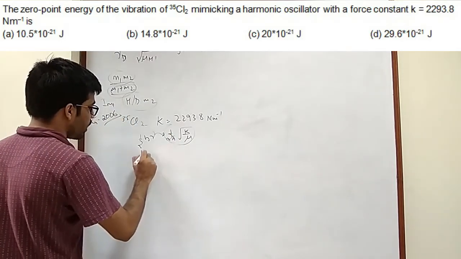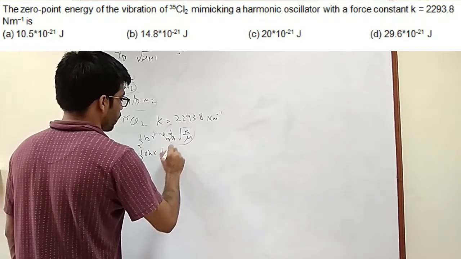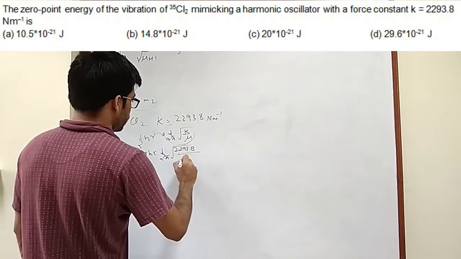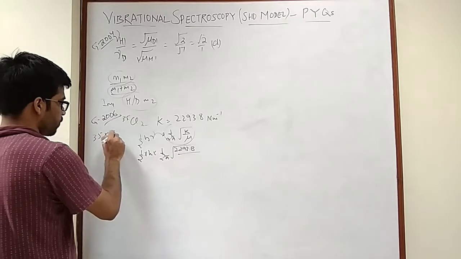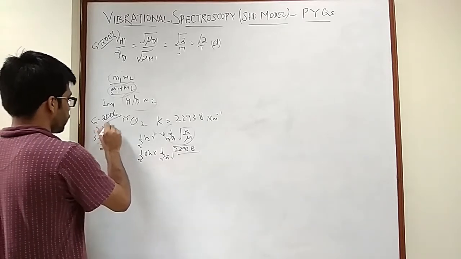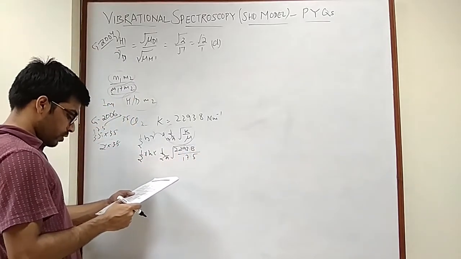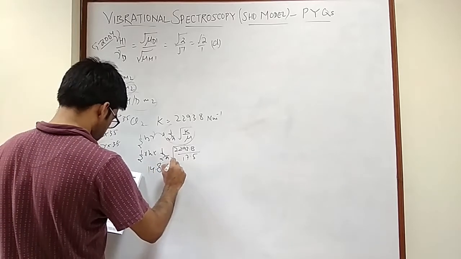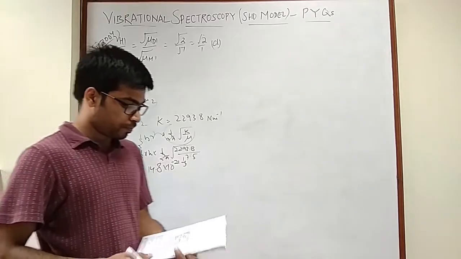So half into h into 1 by 2 pi under root 2293.8, and the reduced mass for this will be 35 into 35 by 2 into 35, 17.5. When you solve this, you should be getting an answer of 14.8 into 10 power minus 21 joules, which is your option number B.